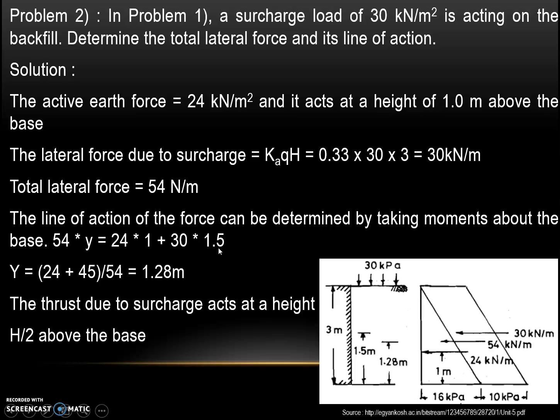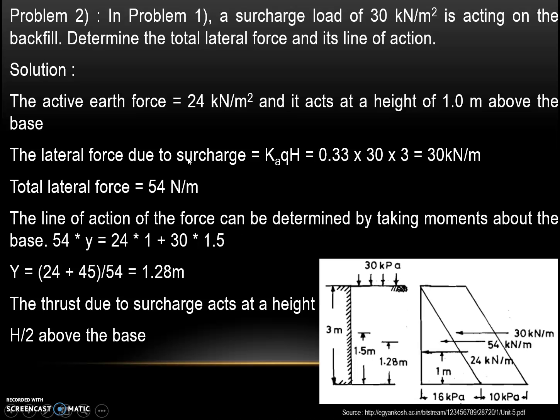So 3 by 2 will be 1.5 meter. So we can find y easily, which is 1.28 meter. The thrust due to surcharge acts at a height of h by 2 above the base. So that's why here we had taken 3 by 2, which is equal to 1.5 meter.